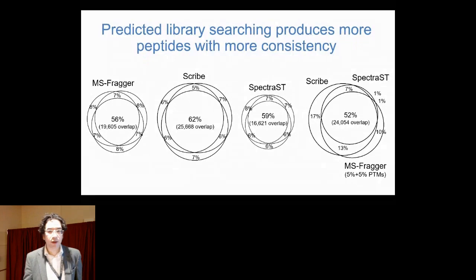Similarly, MS-Fragger actually detects some other peptides, but already half of them are from PTMs, which we didn't include in the search space for Scribe to begin with. So we think that the ability to use fragmentation patterns and retention times is just better than not having access to those predictions to begin with. It's completely logical, and it seems sensible that we would be able to make these bigger detections.